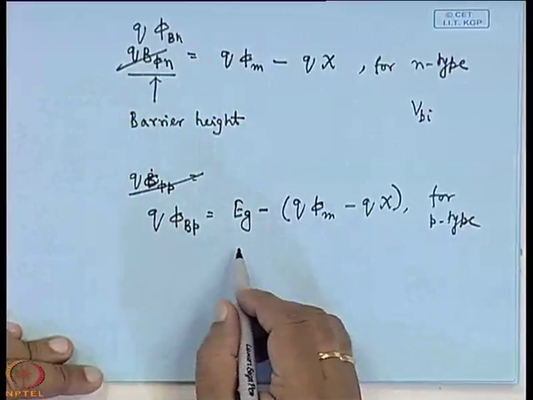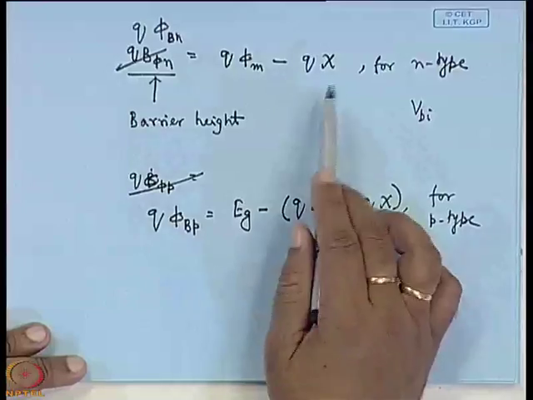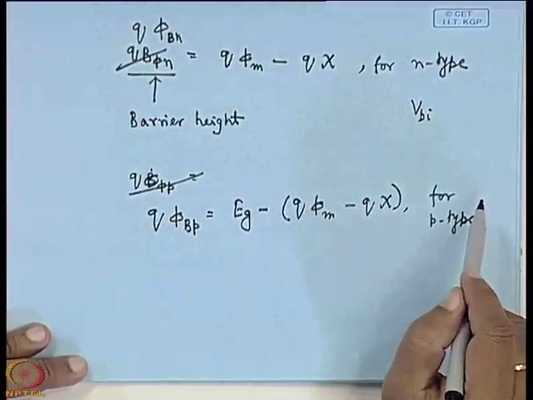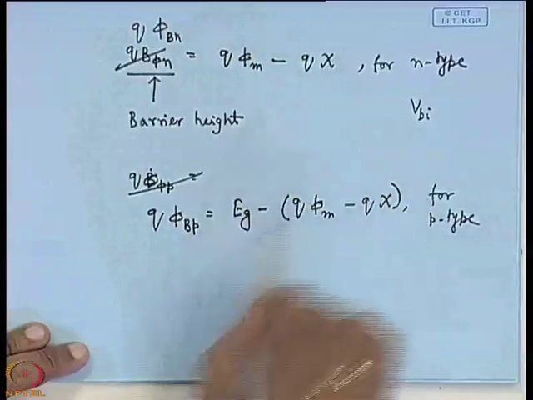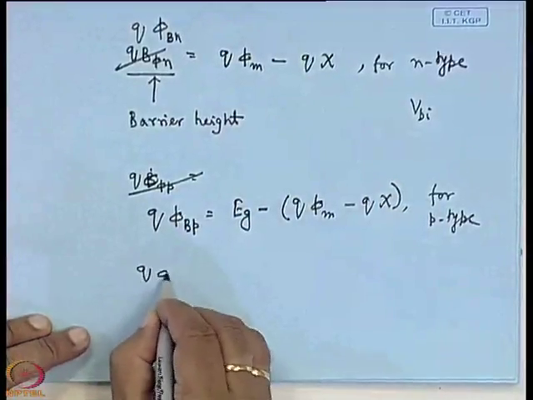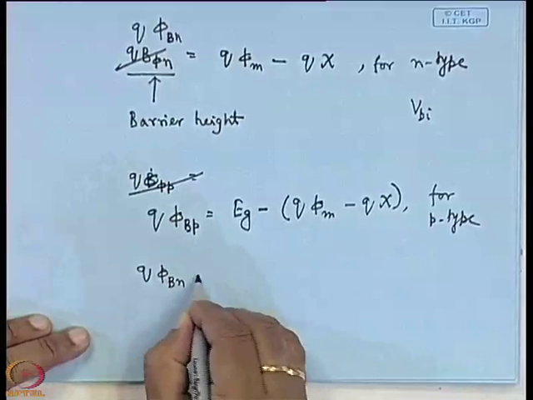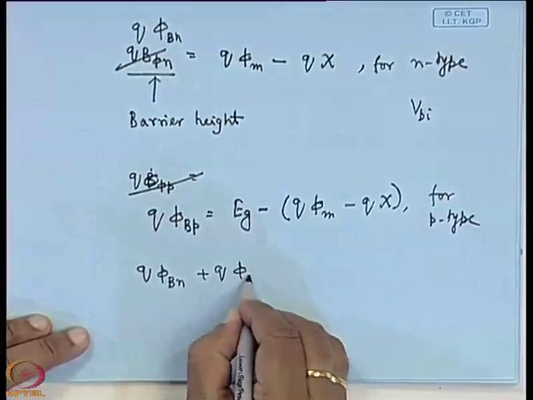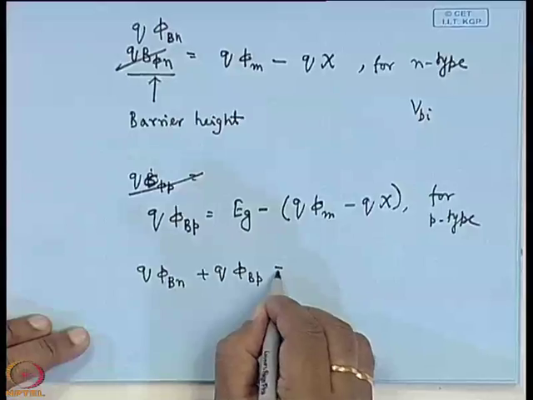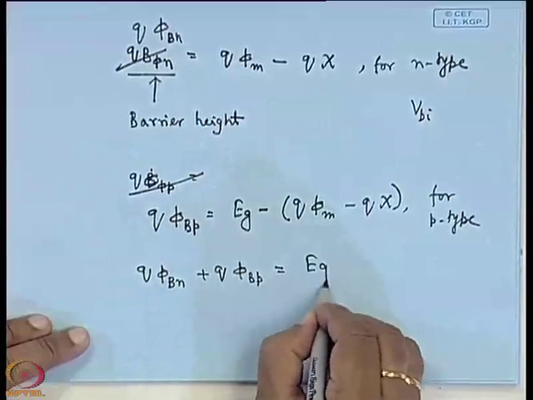Then if you add these two things, that means barrier height of a material for a particular metal for both p and n type substrate, then you will get the band gap. If you add these two things, you see that this q phi b n plus q phi b p is equals to E g, the band gap.